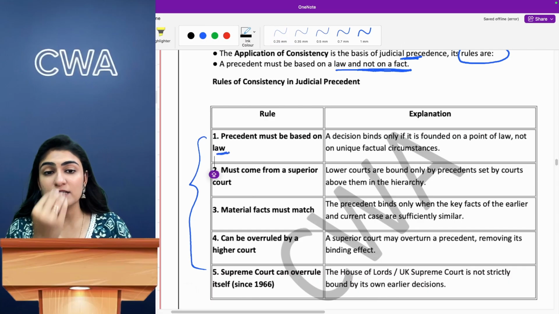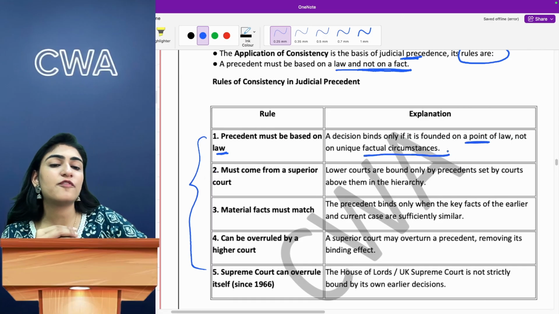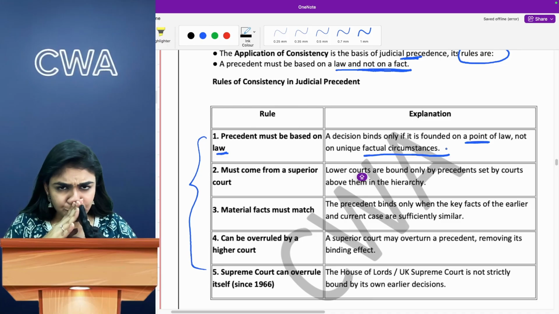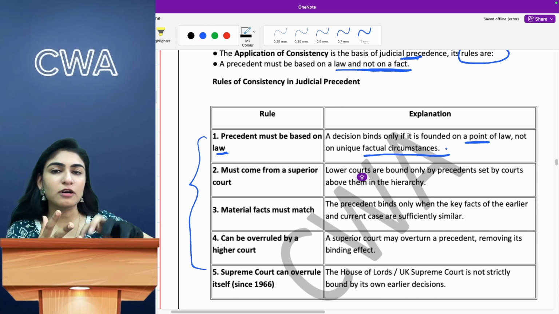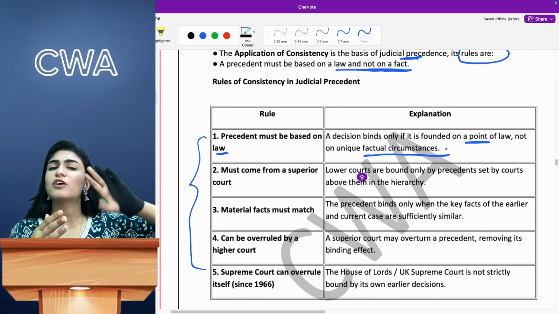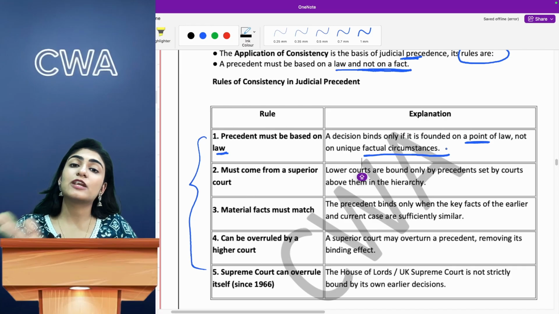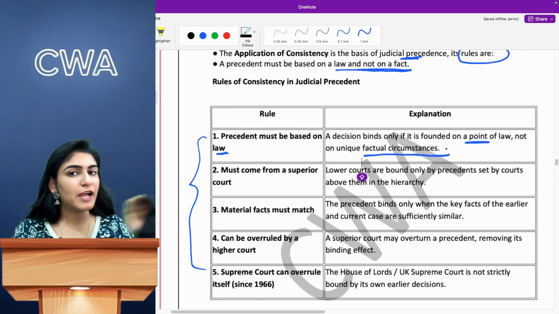All right. So a decision is binding only if it is found on a point of law and not on unique factual circumstances. So that means, let's say, any unique circumstances would have appeared in a particular case, and a separate judgment would have been passed. Judges cannot look at that case because it was based on facts and not laws.